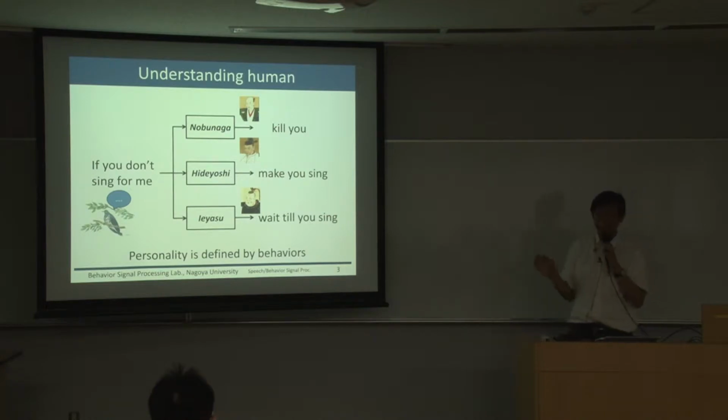So the input-output relation is the system characteristics, and system characteristics can characterize each individual personality. Even when they share the same input, they output different signals, okay? One is kill you, one is making you sing, and one is wait until you sing. So this input and output relation can represent the human characteristics.